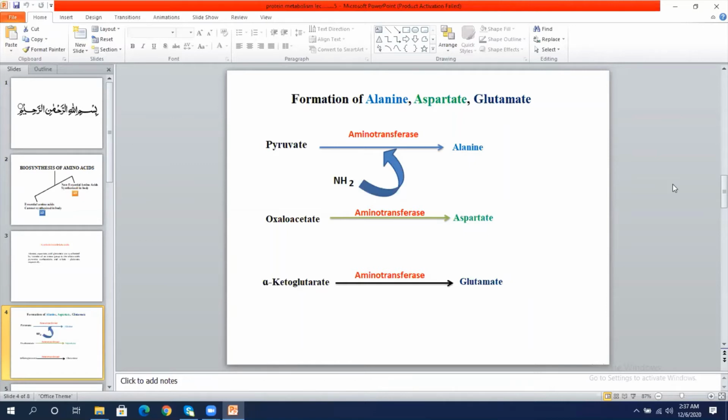In this way, these alpha keto acids receive an amino group and in the presence of aminotransferase enzyme are converted into respective amino acids. And these amino acids are alanine, aspartate, and glutamate. The alpha keto acids are pyruvate, oxaloacetate, and alpha ketoglutarate, which receive the amino group.